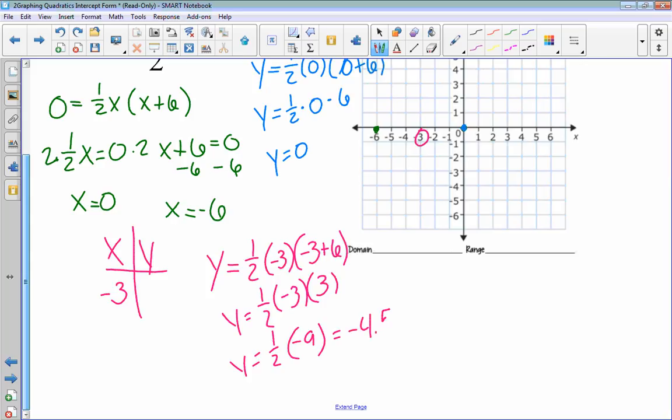Okay, so fill that into your table, -4.5, and then plot the point x comma y. So on my graph, I'm going to go to -3, then I'm going to go down 4.5 to right here, and I'm going to graph my quadratic. Now, luckily for me, -3 is exactly halfway between my two x-intercepts, so I know that is, in fact, my vertex. So there's my u.